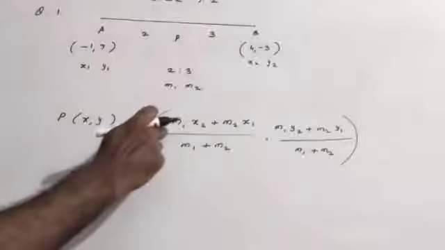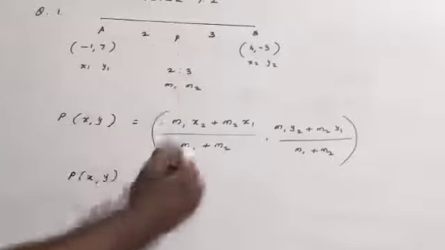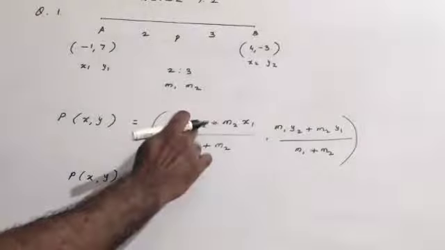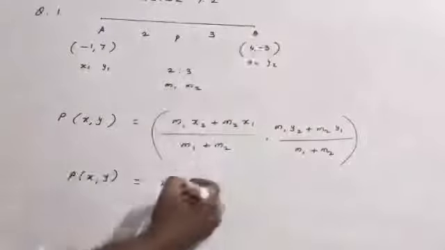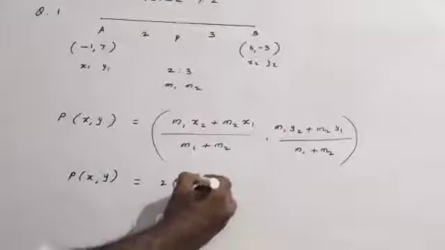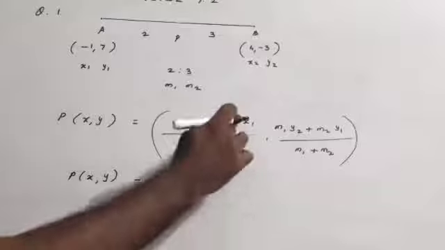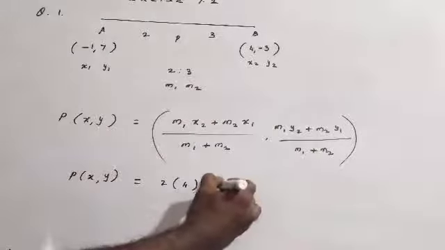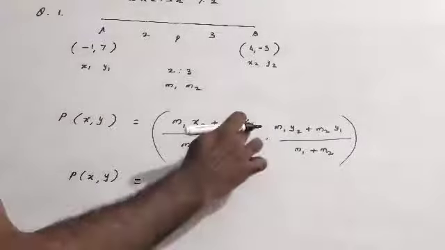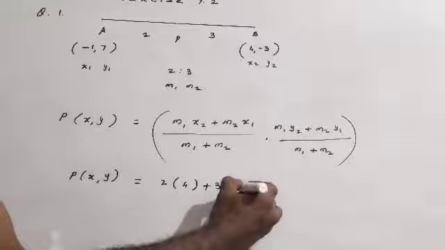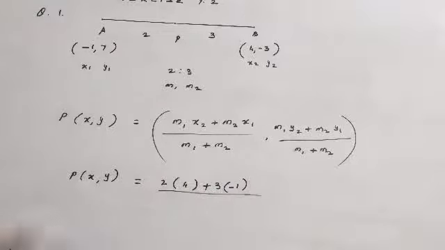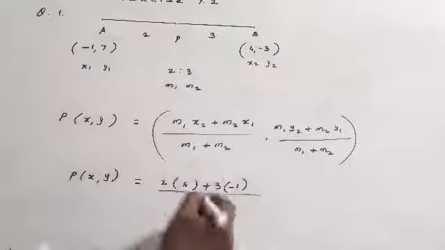Then for m1 write 2, and for x2 write 4, plus m2. For m2 write 3, x1, for x1 write minus 1, by m1 plus m2, that is 2 plus 3.